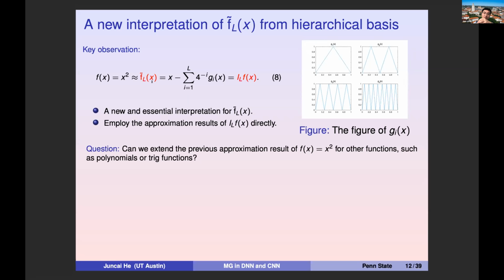Now let's follow the second question. Can we extend this to some other functions, such as spatial polynomials or trig functions?